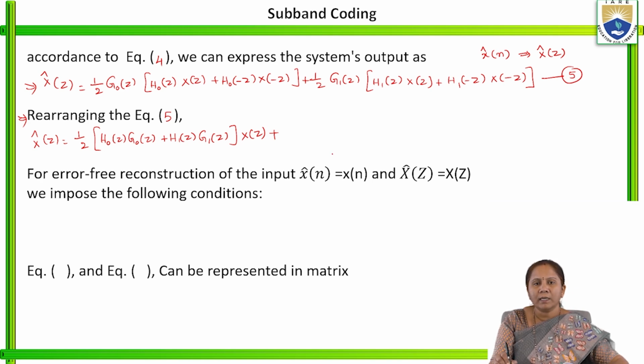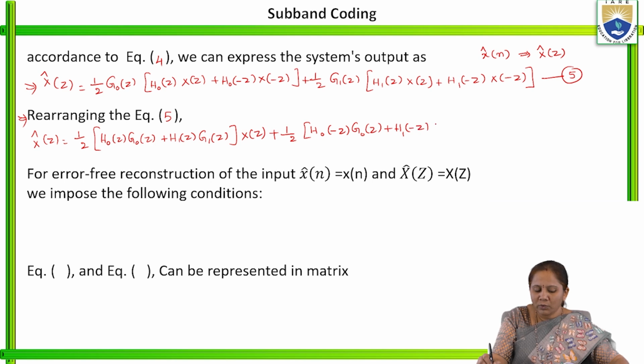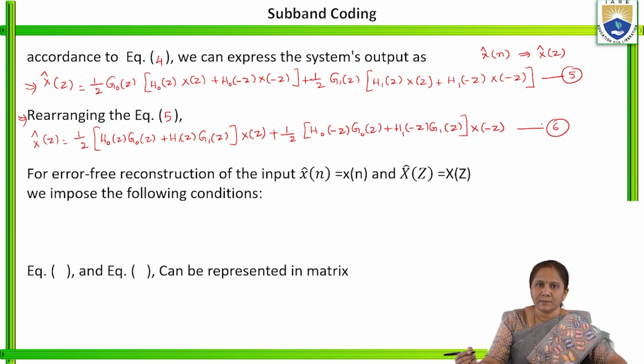Now let us write the second term by making the X of minus Z terms as the second term. 1 by 2 into H naught of minus Z into G naught of Z plus H1 of minus Z into G1 of Z into X of minus Z. So we have written X of Z terms and X of minus Z terms separately. So consider this as equation number 6.